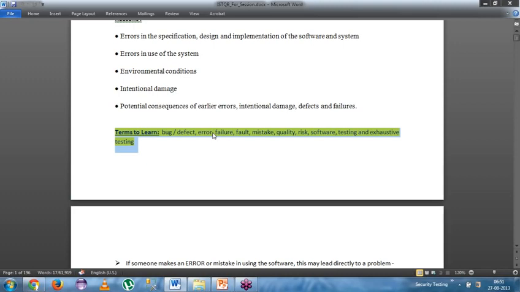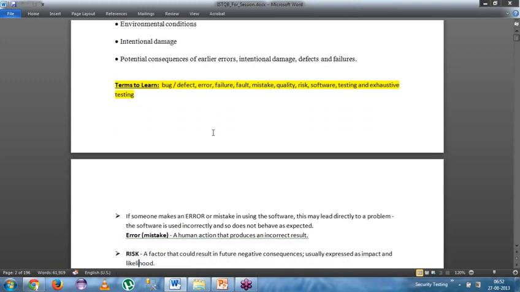Not just putting things simply, but without losing the context and the flow. We will maintain the flow, and we will ensure that we are putting in the best artifacts for you to easily understand the concepts. Fine. So now, let's learn all these concepts. What is an error? What is a risk?